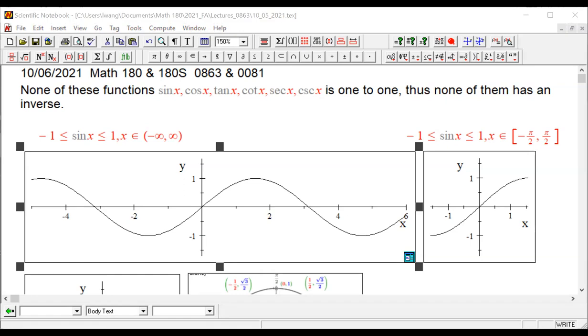Among all the choices, which piece did we pick? We pick the piece from this point to the next point.